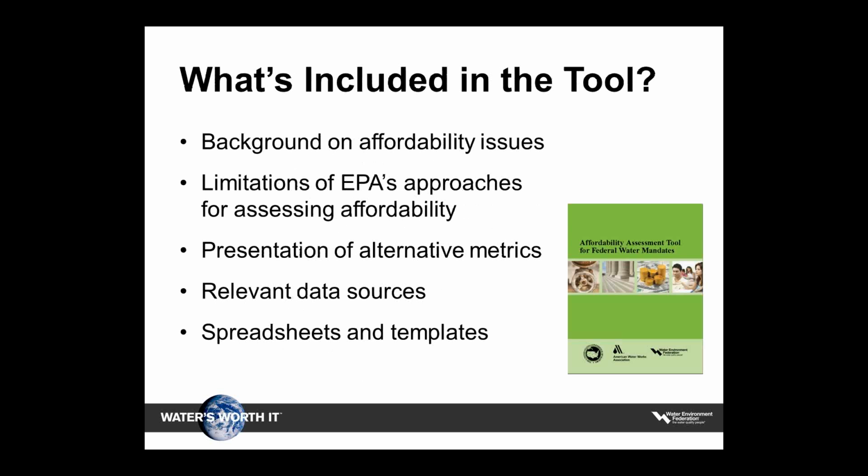In the tool itself, there's some background on affordability issues. We discuss the limitations of EPA's approaches, and some of these issues have come up in the previous presentations. We suggest some alternative metrics and different ways communities can look at affordability. We point out where you can find the relevant data to do the basic EPA analysis and some of the alternatives, and there are spreadsheets and templates you can use.